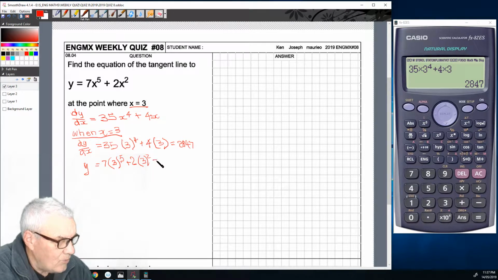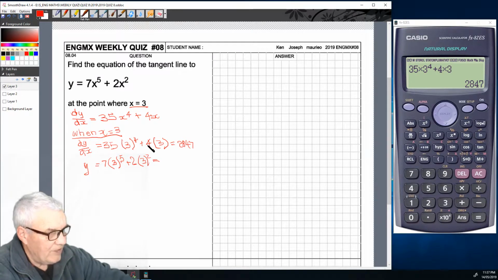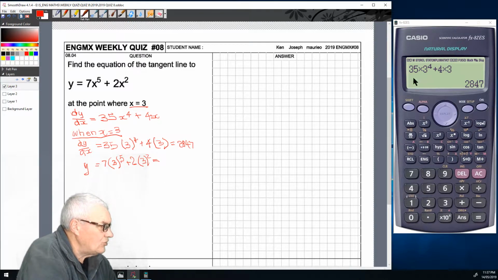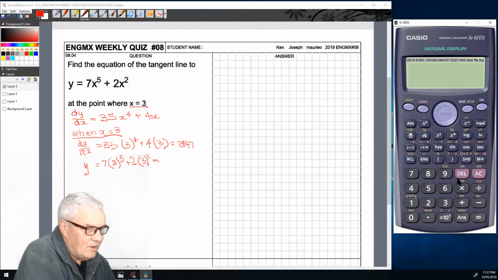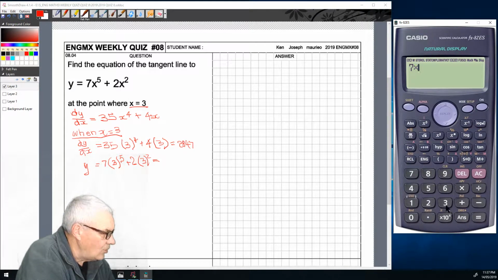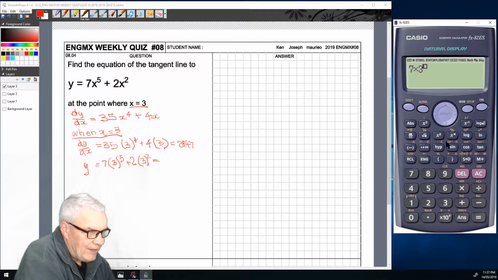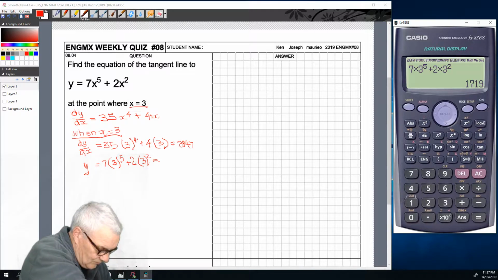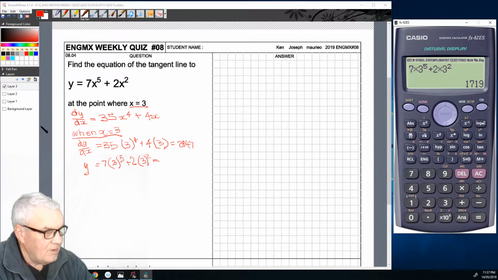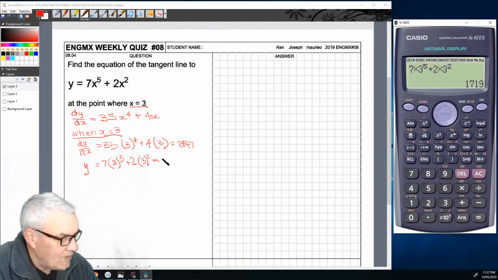So we can do that on our calculator. 7 times 3 to the power of 5 plus 2 times 3 squared equals 1719.